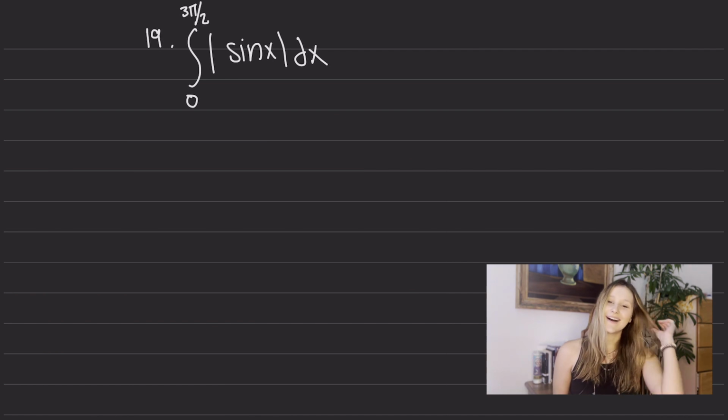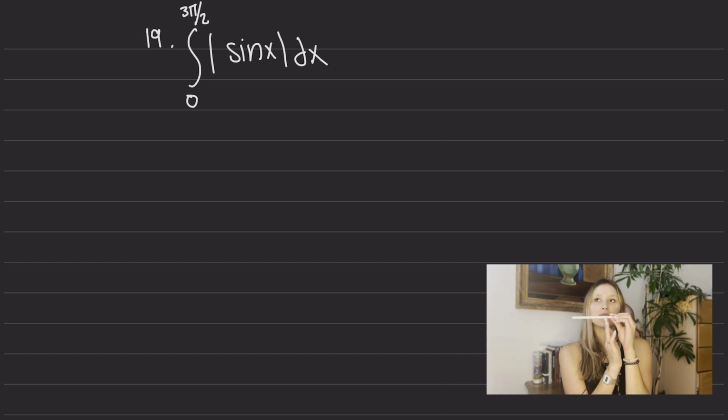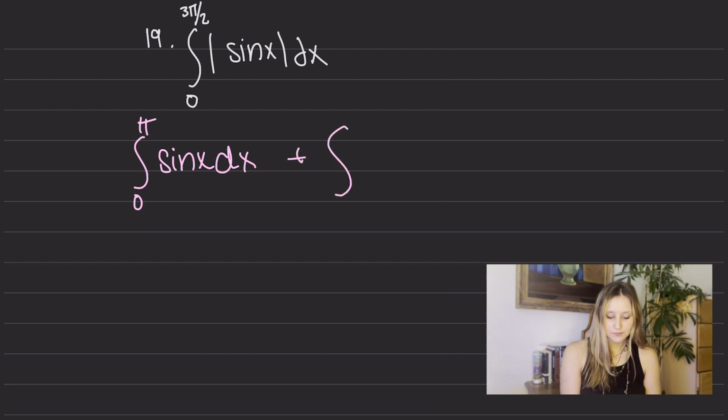19. Okay. So now we have to see where sine is negative. Where is sine negative? Sine is positive from 0 all the way to pi. It's negative from pi all the way to 3 pi over 2. So 0 to pi, we have sine x dx plus the integral from pi to 3 pi over 2 of minus sine x dx.